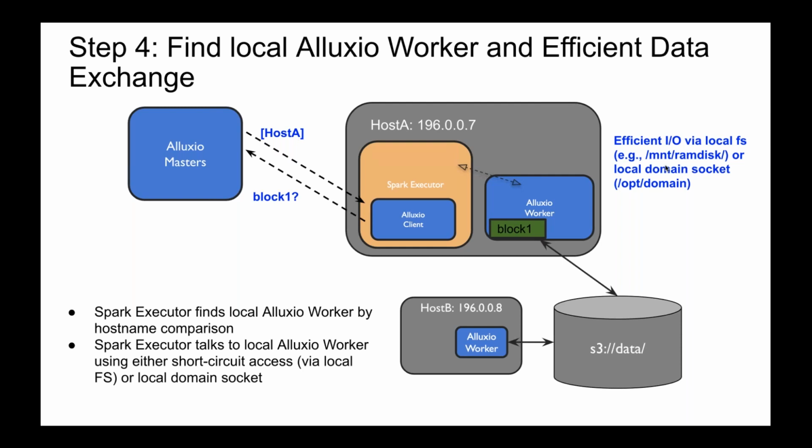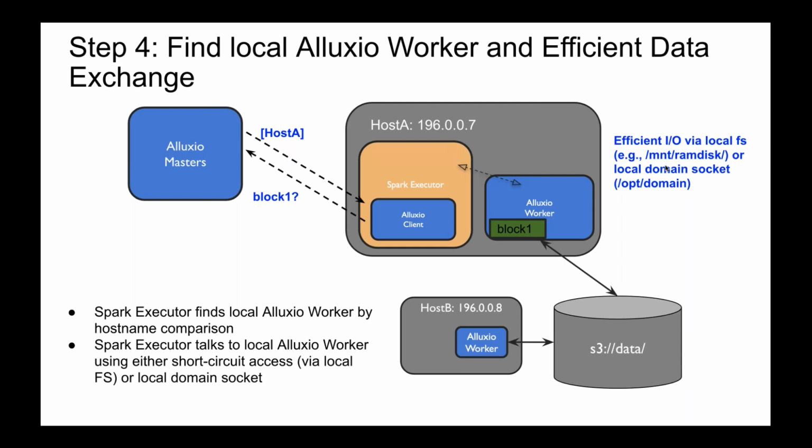In this case, for example, some directory or some file inside /mnt/RAM disk, and the Alluxio client inside this Spark executor can efficiently talk to the Alluxio worker, not by streaming data, but by reading the data directly from the local file system. Or there's another way called local domain sockets.